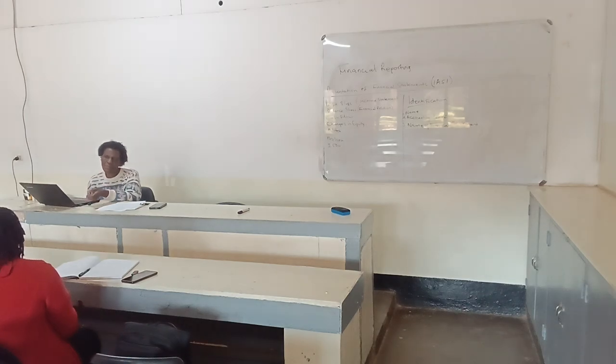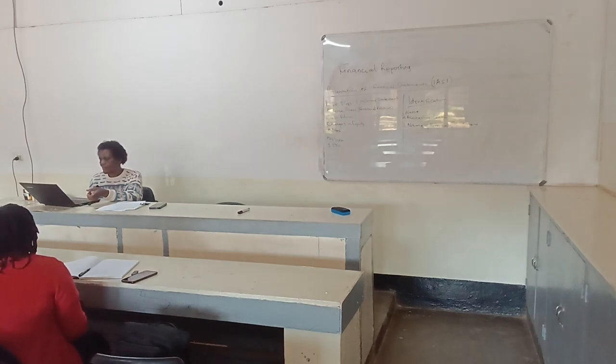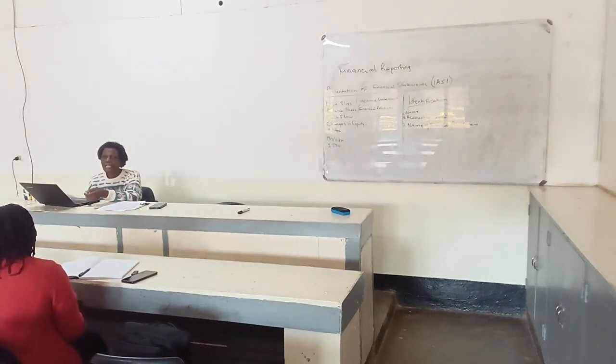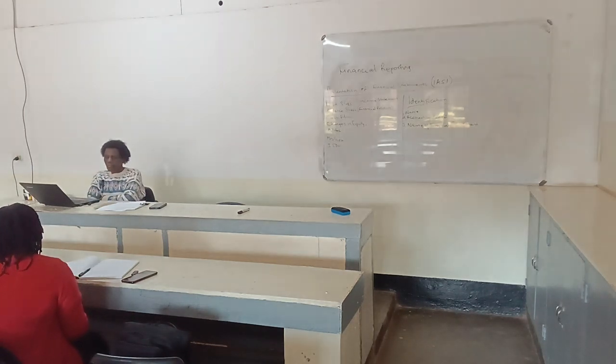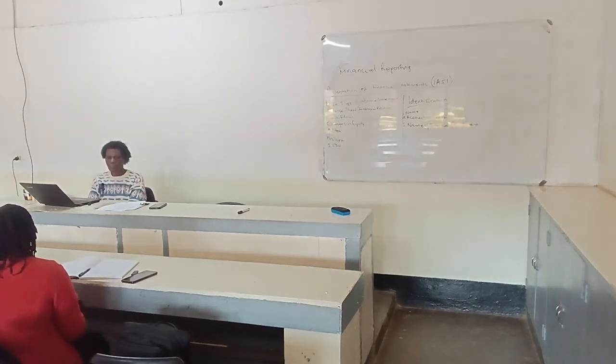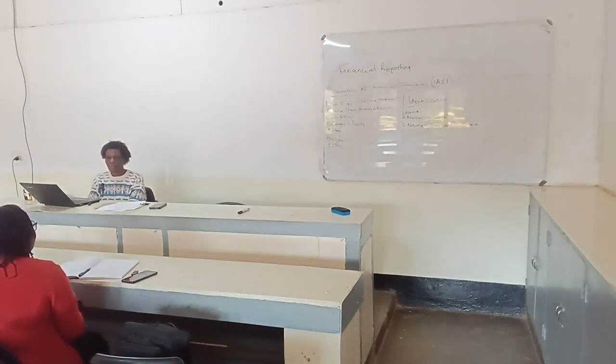Explain to some what we have said. I will just give you an example: when we are remitting taxes at MRA, they say by the 14th of every month you have to remit. If you go beyond that, they charge you penalties. So it's the same as the financial statements.